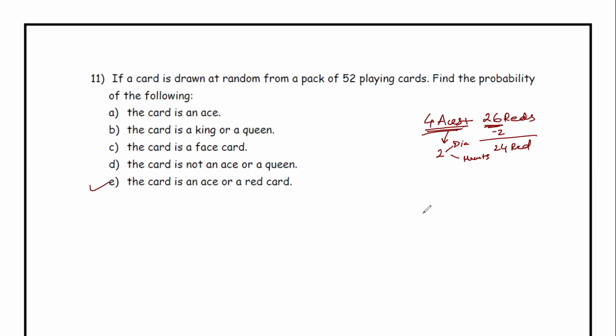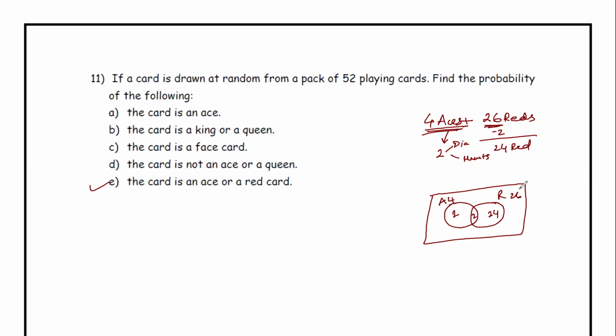Or again, you can use the help of a Venn diagram and say these are aces and these are reds, and then obviously there are two of the aces which are reds. So out of the 26 reds and four aces, two are here and 24 are here. Okay. So 24 plus 2, 26, and 2, 28.